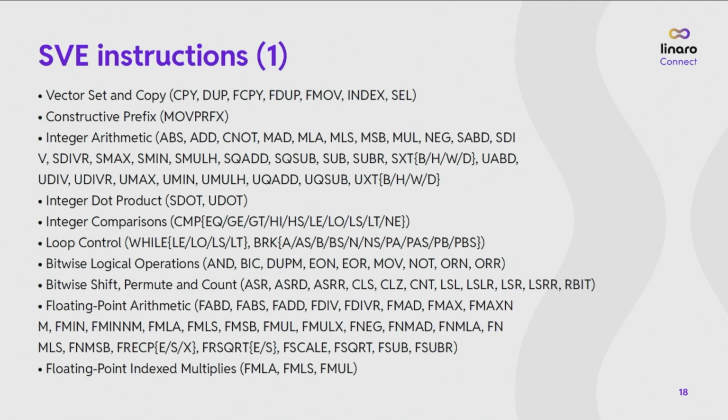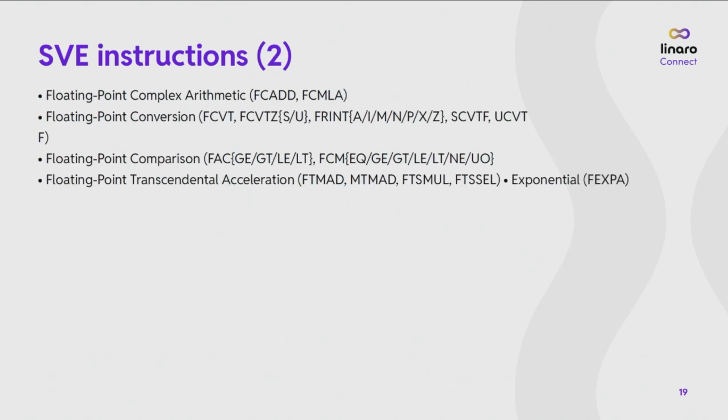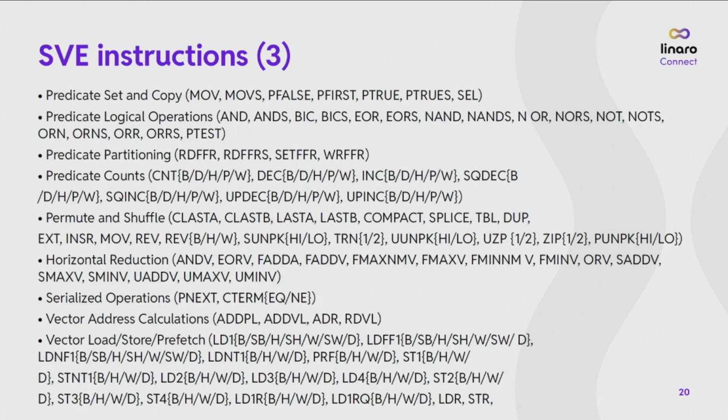For floating point instructions, only half precision, single precision, and double precision are supported. We have some more floating point operations, such as complex arithmetic and conversion, and floating point comparison instructions.